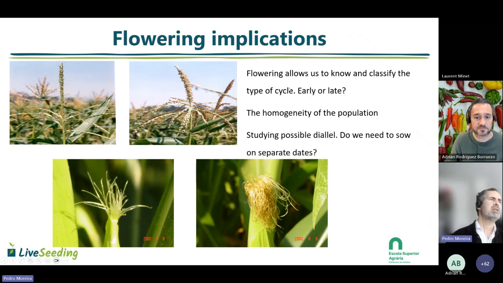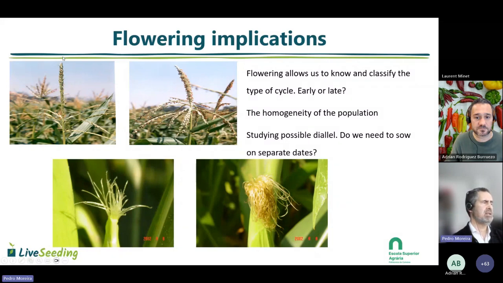Well, what are the flowering implications? I'm showing you these images for you to know how this works in terms of flowering.